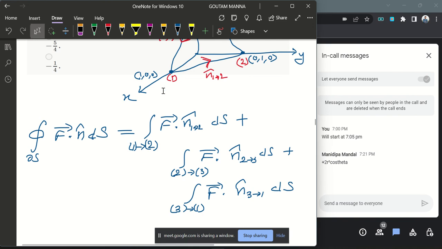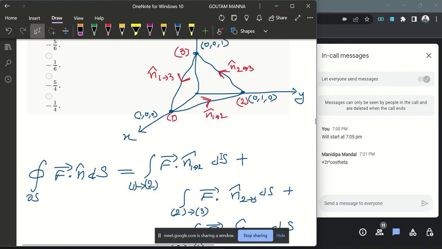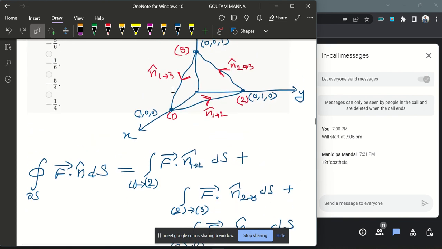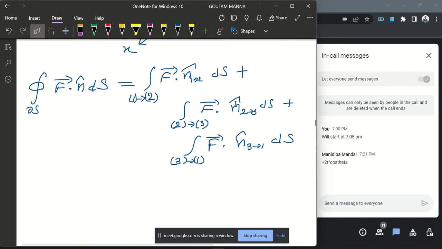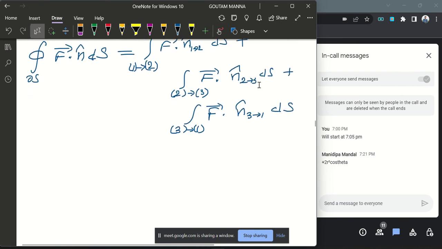So that will cover the entire path. So we will calculate each of these integrations separately for the three paths, and we will add them up. So let's calculate then from point 1 to point 2.